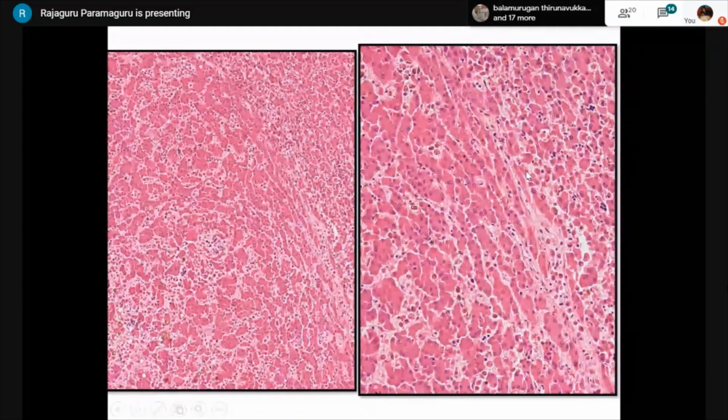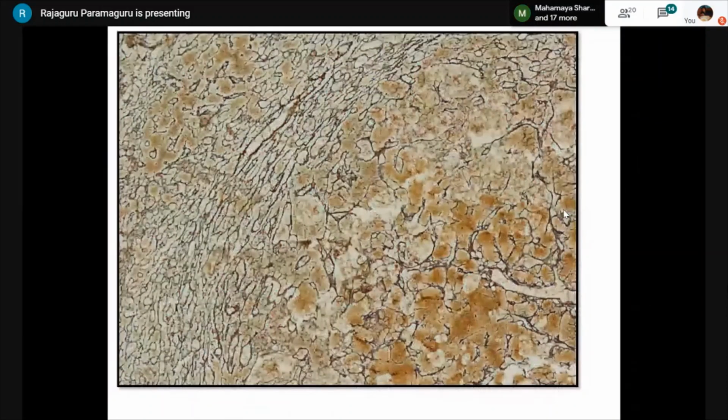So what is happening is that there is a regenerative activity in certain portions of the parenchyma, which is causing enlargement and atrophy of the adjoining hepatocytic cells. So this will give a vague nodular appearance radiologically, and even histologically you will be able to appreciate that. And here it is quite obvious in reticulin stain, where you can demonstrate the normal reticulin pattern, or maybe a regenerative picture, so the cord pattern will be lost.